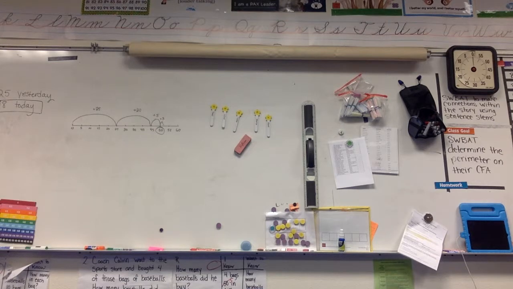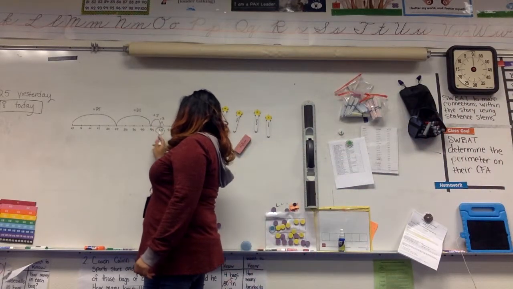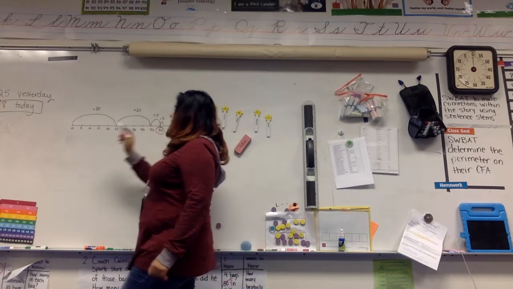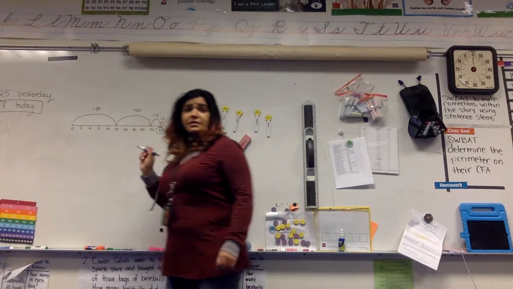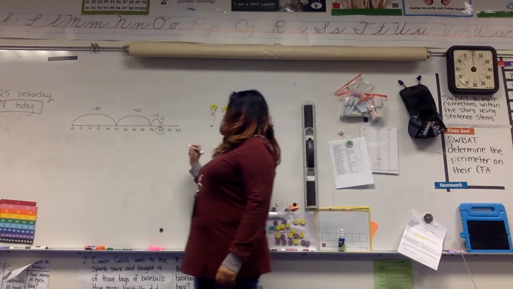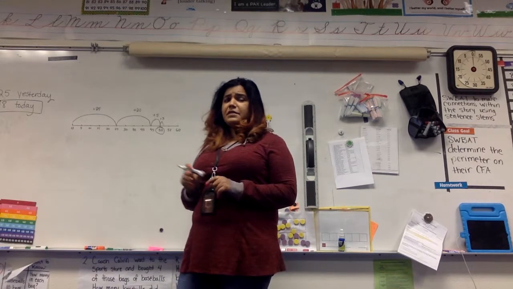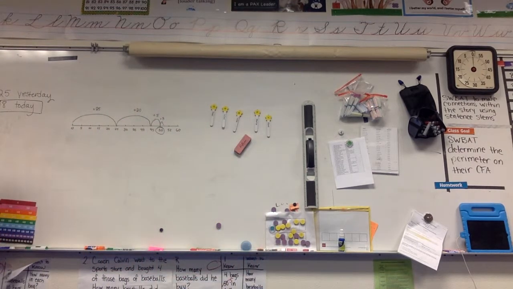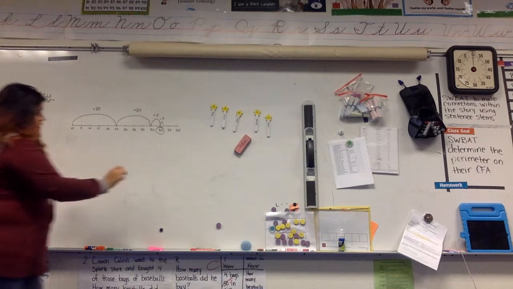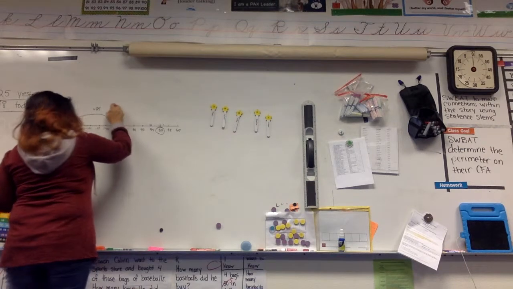It's 53, because Angenique added the 5 to get to the friendly number, but we still had 3 because we were supposed to add 8. Does that make sense? So we're at 53. So he read a total of 53 minutes. So the answer to that problem would be 53. Okay, do not erase your number line, but erase the jumps.